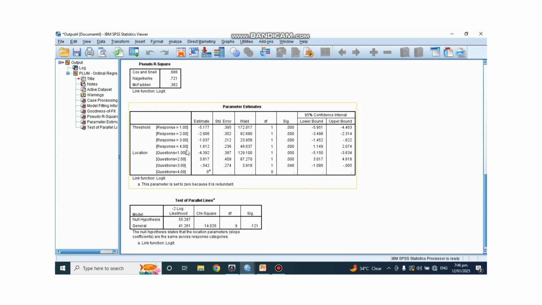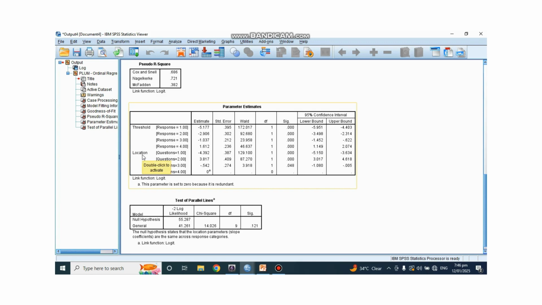In this case, we can see from the p-values that all thresholds are statistically significant, meaning that the categories are valid and distinct. So now let's go to the location.